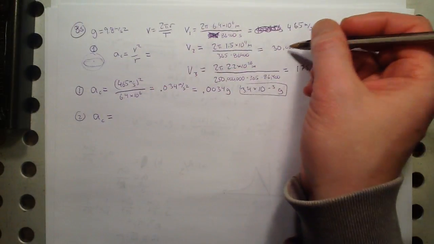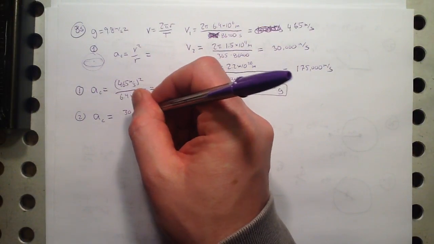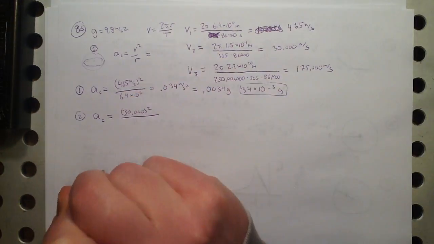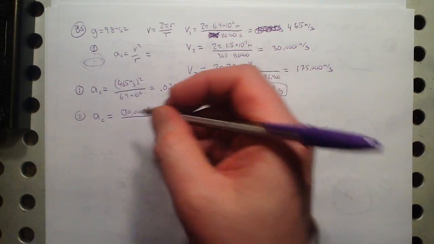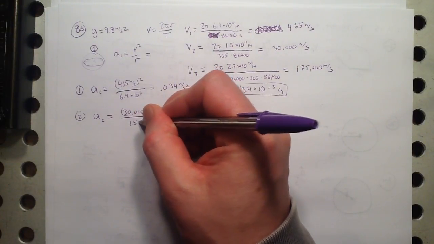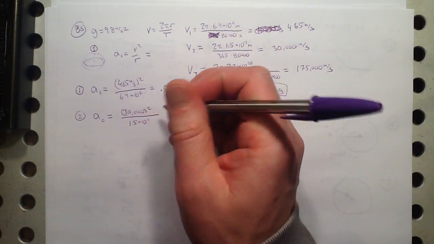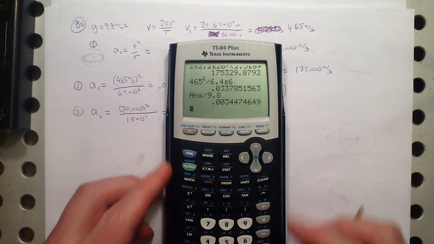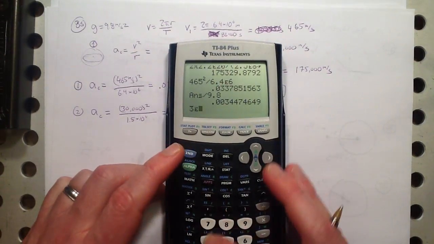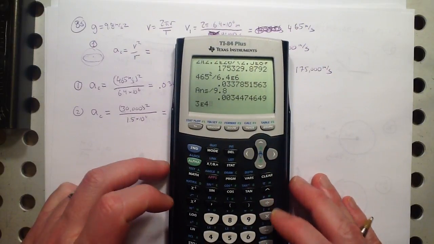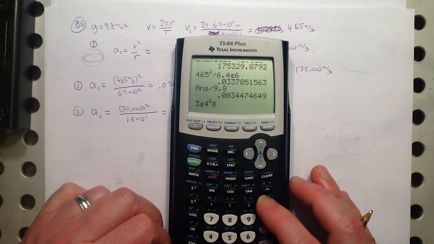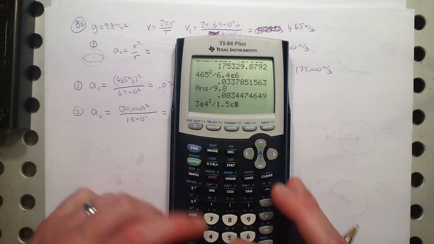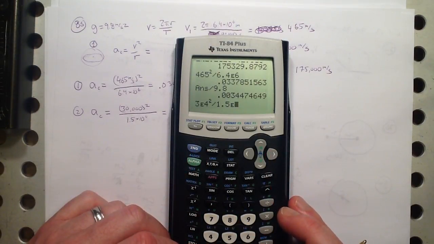Now for the second circle, we're going at about 30,000 meters per second, squared over the radius of that circle. It's an astronomical unit. So that's v squared, 3 times 10 to the 4th squared over 1.5 times 10 to the 11th.